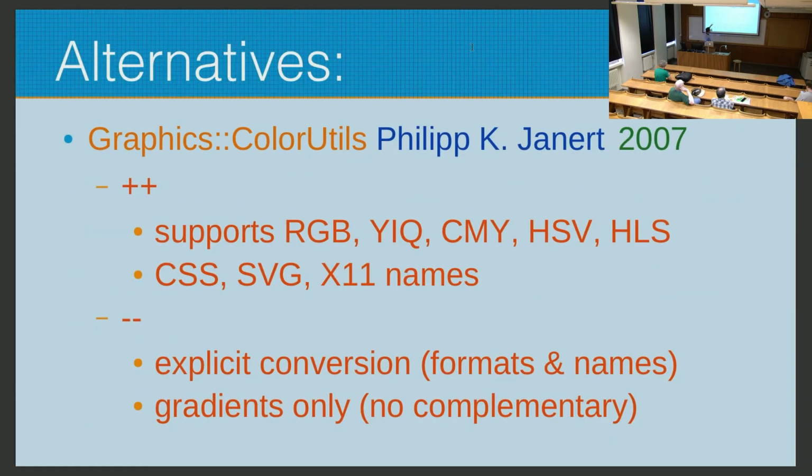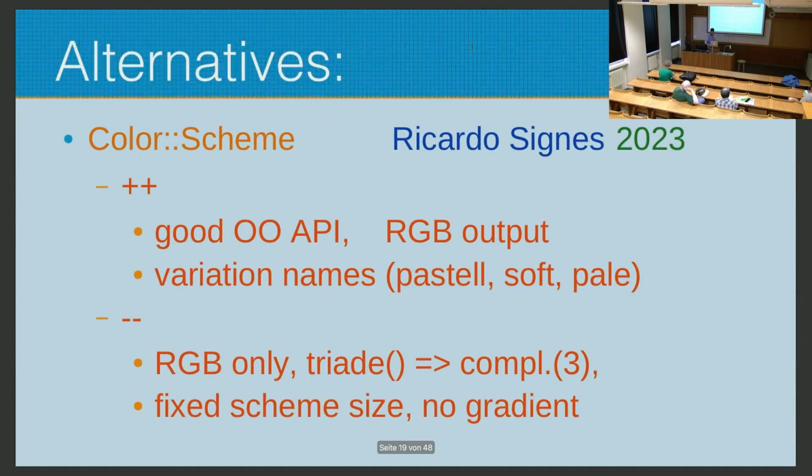Almost the best is by Philip Jenot. Like I said, a lot of spaces, even the names, but the API is, in my opinion, not as nice as GTC, and you have only gradients, and not even as powerful as mine, because I even support nonlinear gradients, which are supported by no other module.